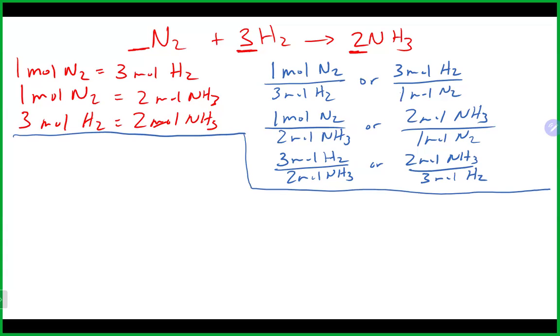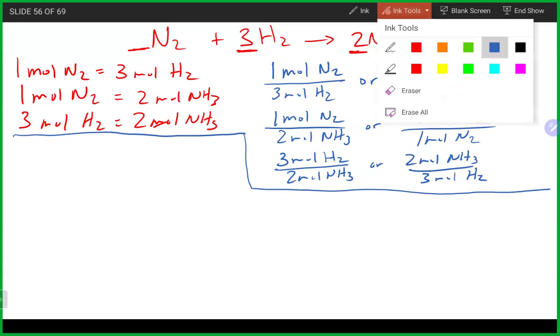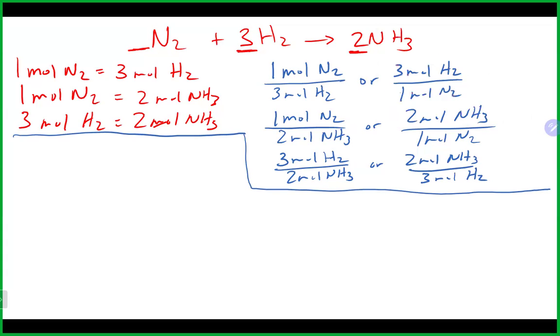And when we do stoichiometry problems, there are really 4 basic steps that we follow. The first step is always this: make sure that the equation is balanced. The second step is to take whatever they give you and convert to moles. So in this case, let's just say that we did produce 13.5 grams of NH3, and we want to know again how many grams of H2 we would have started with.